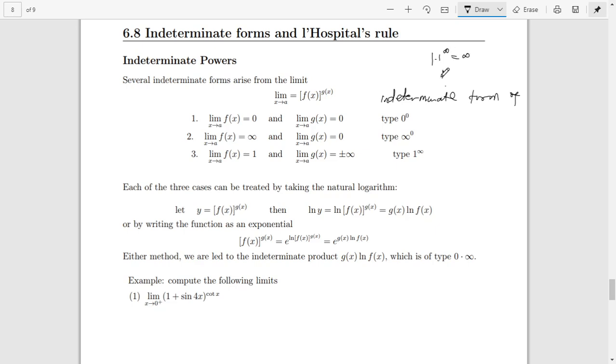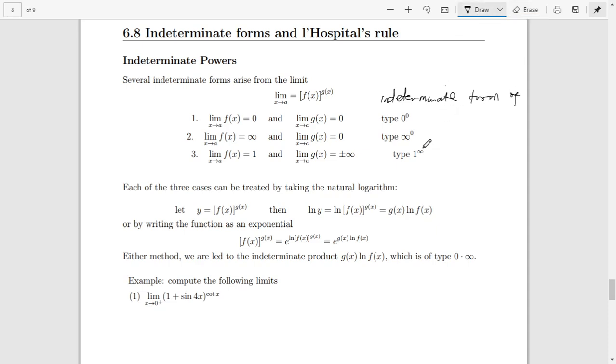But 1 to the power of anything, k, is equal to 1. So 1 to the power of infinity, is it going to be equal to 1 or is it going to be equal to infinity? We do not know, and that is why it's an indeterminate form.